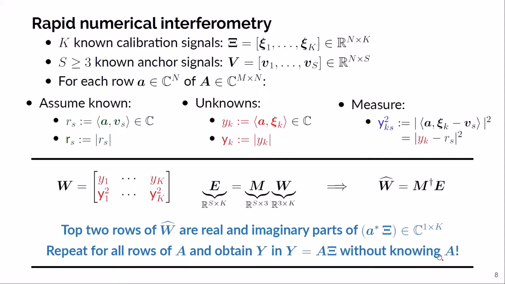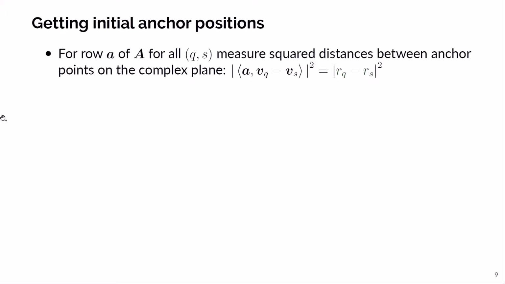However, there's one thing here. I mentioned that we know how the anchor signals interact with each row of our transmission matrix, and those were these green values. However, in reality, we don't, and we would have to figure this out as well. So how can we do that? Well, our solution is, again, interferometry and numerical interferometry. Let's numerically interfere all pairs of anchor signals with each other and put them into our optical system. And again, we'll measure distances between 2 points for all pairs of anchor signals.